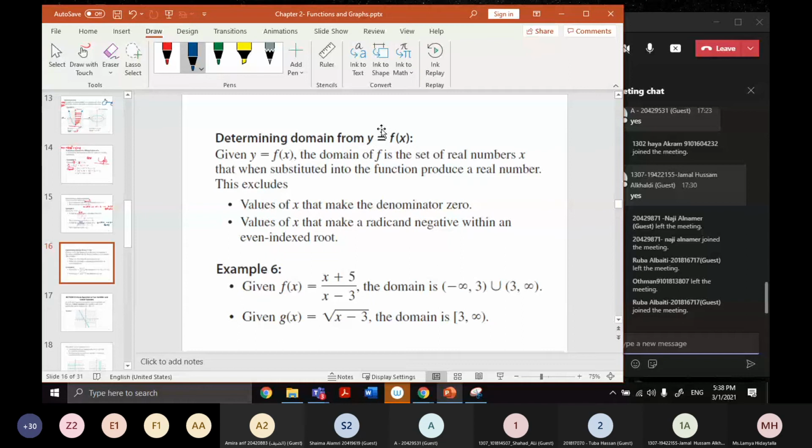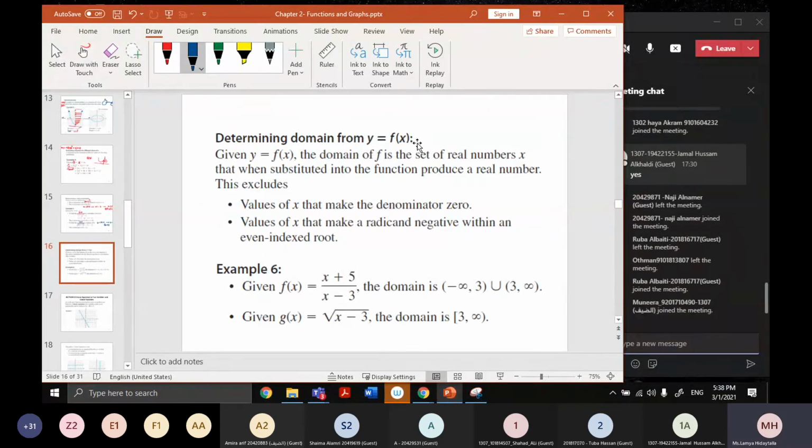Now, if we have the function written like that, y is equal to f of x, so we have an equation. How can we find the domain of the function, and we don't have a graph, we don't have a plot? Can we easily find this one or no? Yes. Always, you take the whole real line.